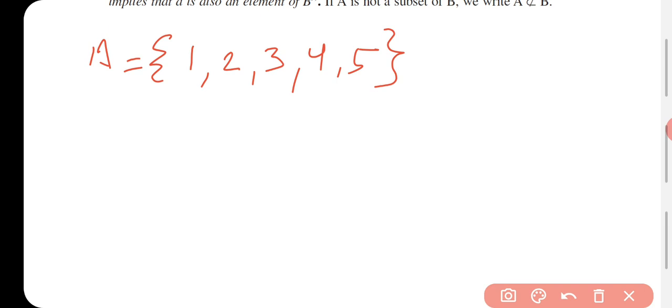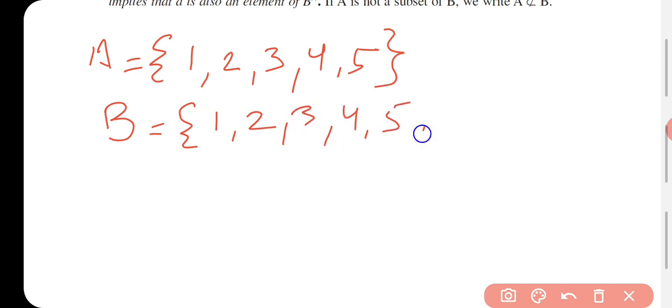Yes or no? Now there is another set B whose elements are 1, 2, 3, 4, 5, 6, and that set is also written in roster form.